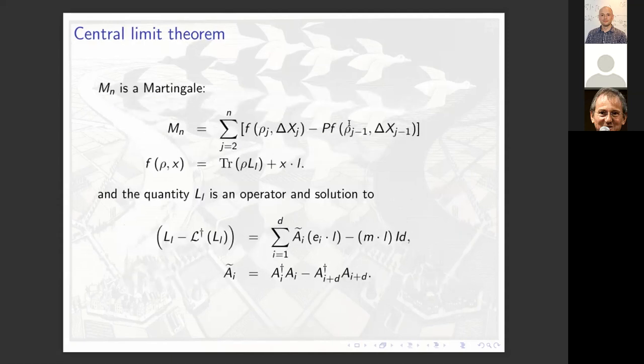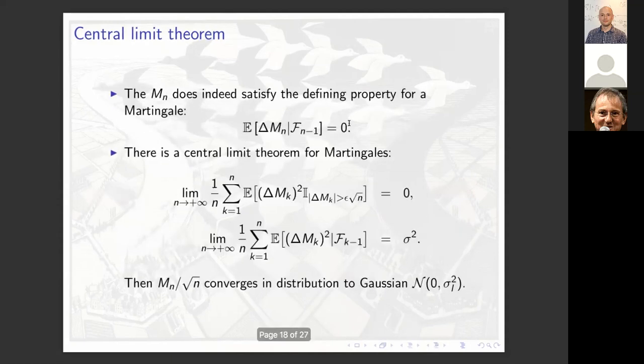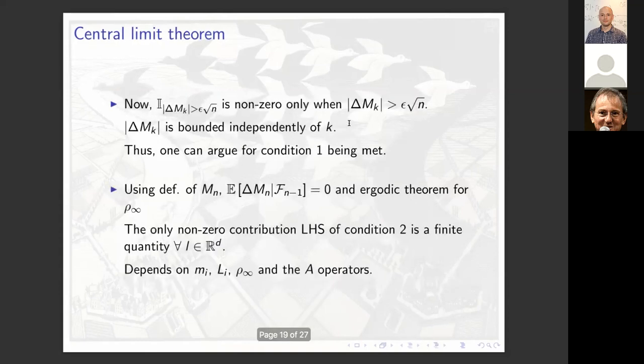Something that you can show, given this expression, not super important to know what it looks like, is that delta mk is bounded independently of k. So the maximum value of this thing here is capped independently of k.